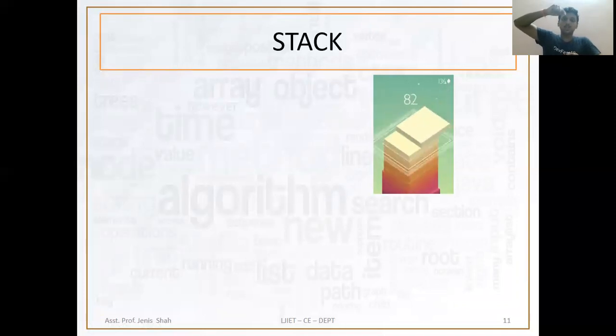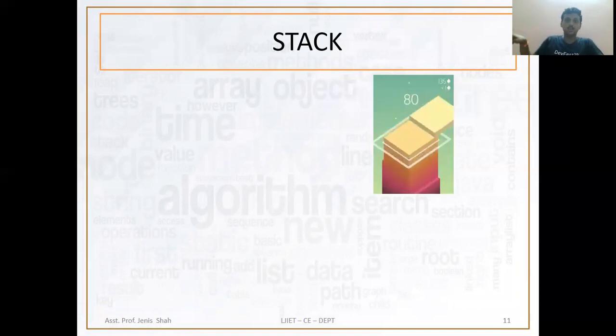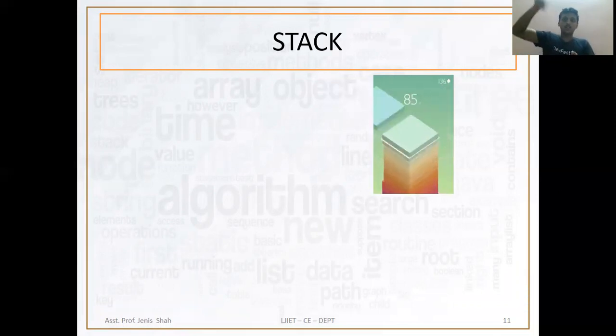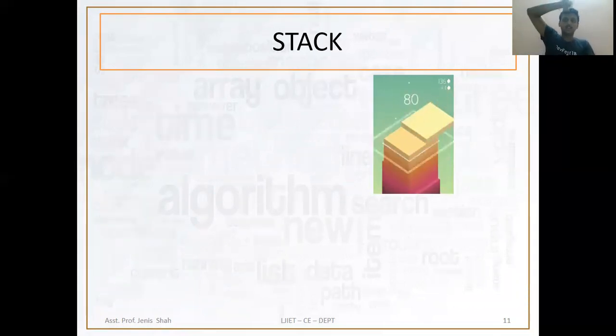If I want to remove something from this box, what happens? First remove 50, then 40, 30, 20, 10. If you can easily understand this concept, then stack is very easy for you, because this box is nothing but a stack. Why is it a stack, sir? Because it has only one end to insert something and one end to remove something.